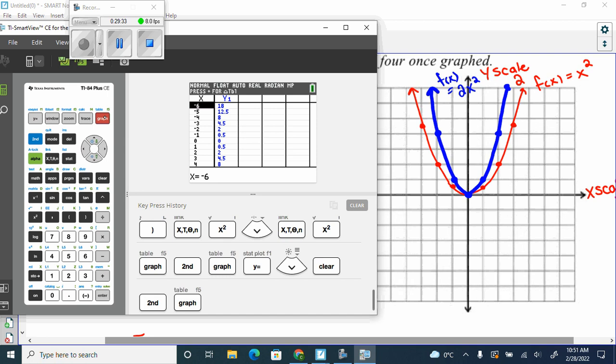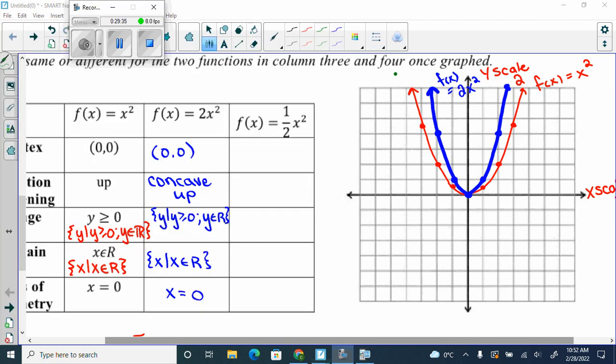So everyone try that out. I'm going to let you plot it. So we should have (0, 0) again. And now we're going to have (-1, 0.5), so that's halfway down. And then we have (-2, 2), so it's 2 and 1. And then it's going to be (3, 4.5).